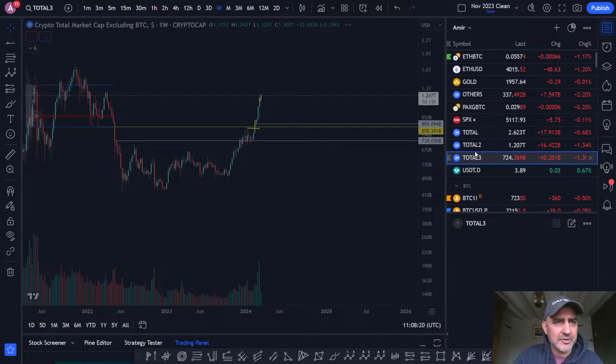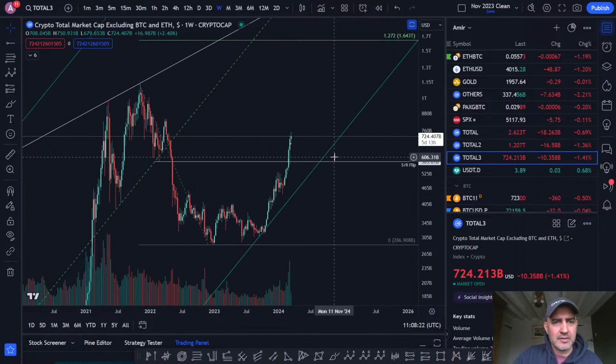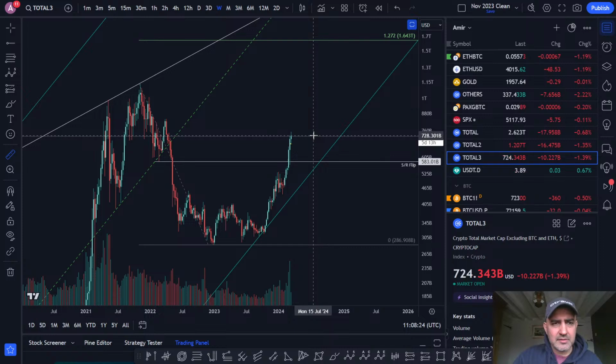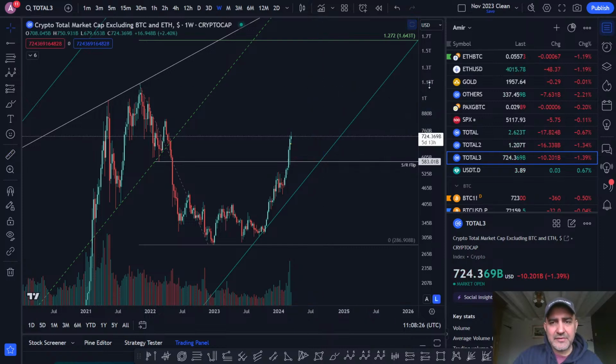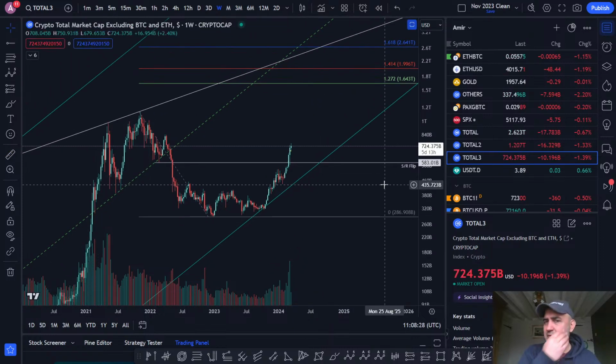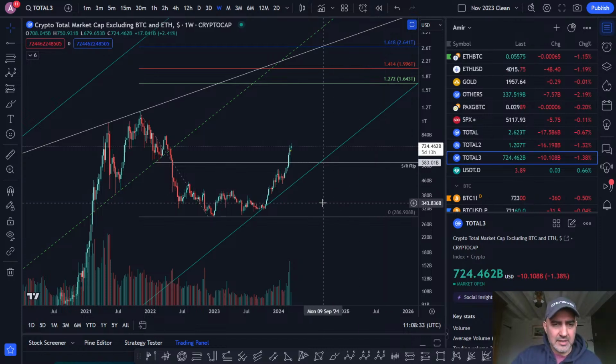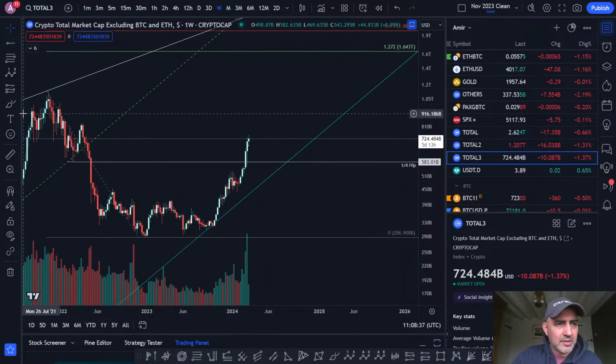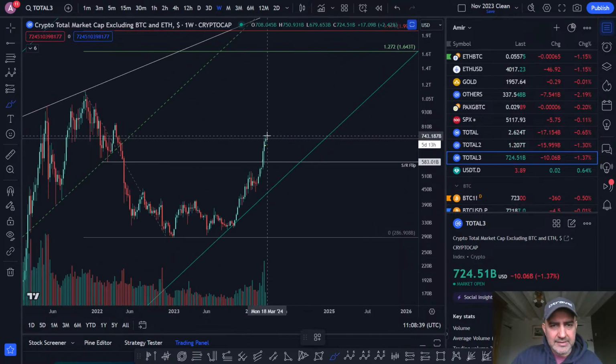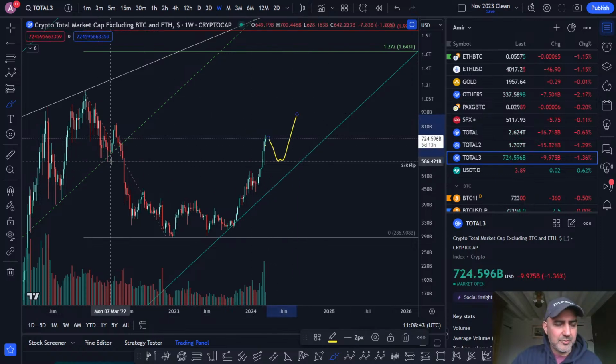And this one is excluding BTC and ETH. This one is about 54%. So at the moment, most of the value is still in ETH and BTC, mostly in BTC. Again, if we get a flip, we'll see how the price reacts at these levels, but that would be a nice place for the price to come back in to flip.